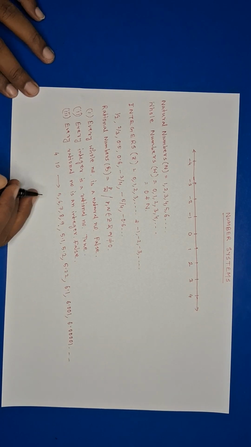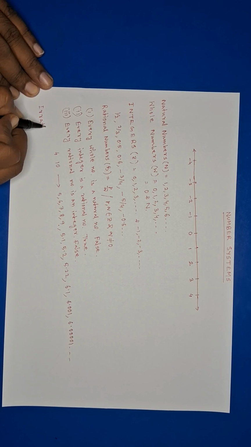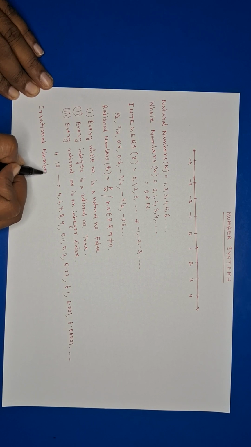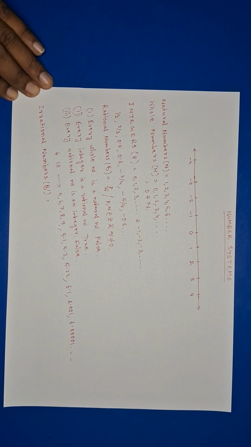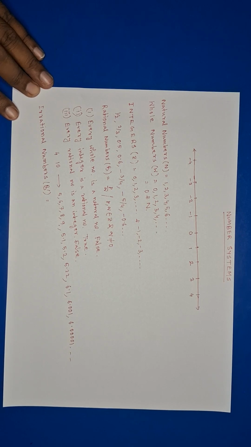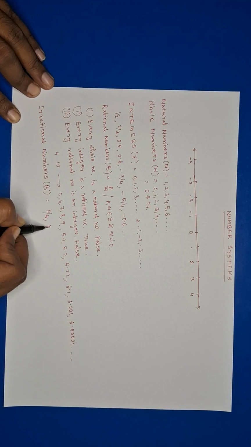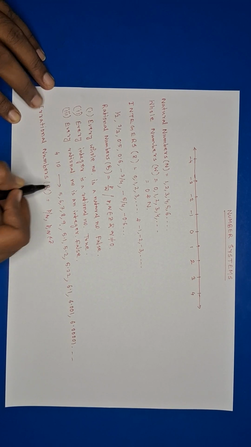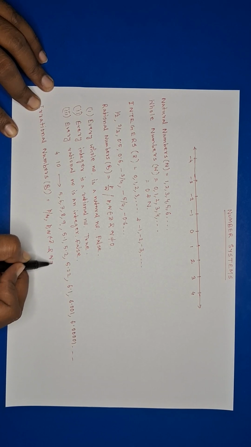Now comes irrational numbers. You can denote it as Q dash. These are the numbers which cannot be written in the form of p by q, where p and q belong to Z and q is not equal to 0.